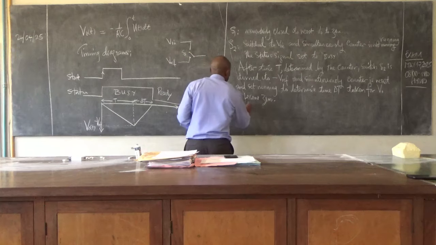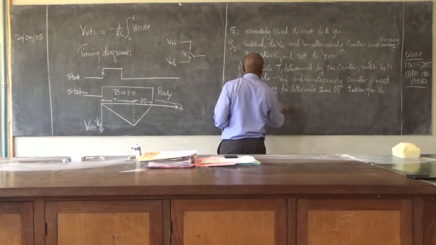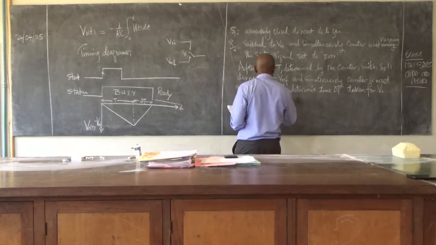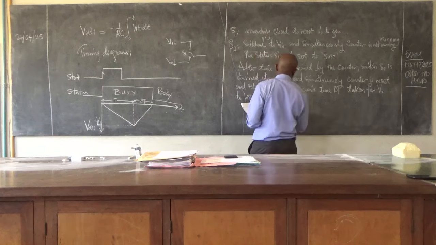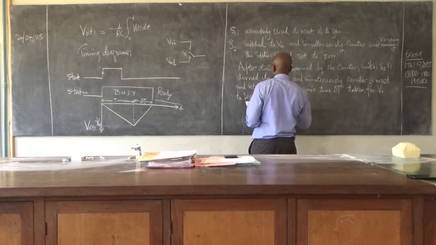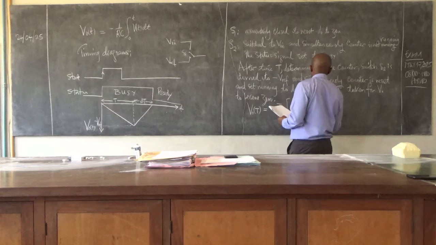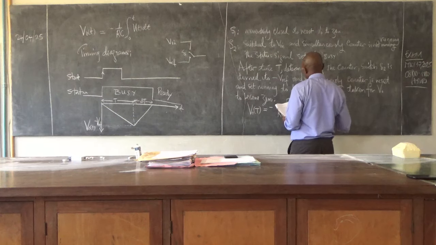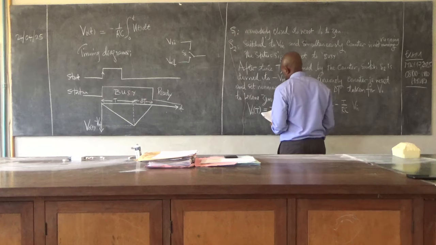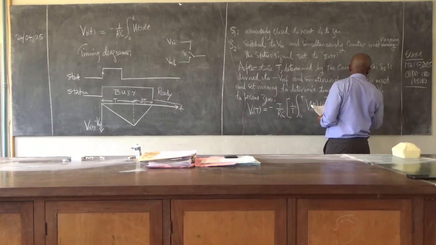So V naught(t) would be the same as minus t over RC times 1 over t integral from 0 to t of V in(t) dt, which is the same as minus t over RC times V in, the average.